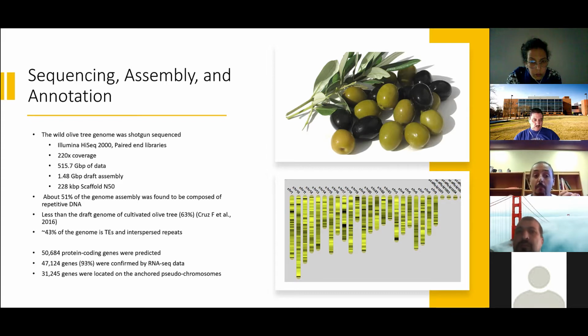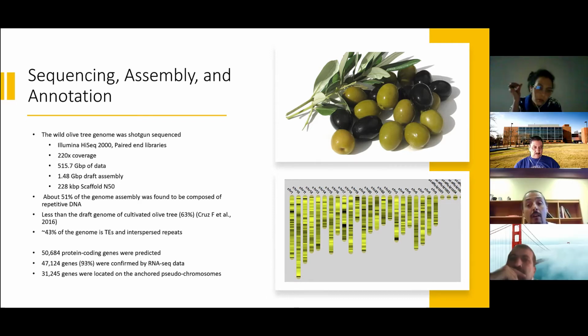And after the assembly, we assessed the draft assembly size of 1.48 gigabase pairs, which is the size of the olive genome. That 1.48 gigabase pairs was confirmed by a wet lab analysis when we did flow cytometry. We estimated the genome in silico using algorithms and using wet lab, and it came to the same thing.